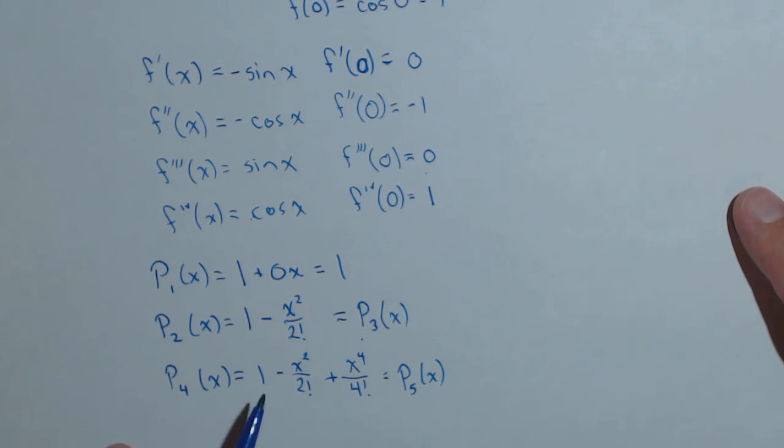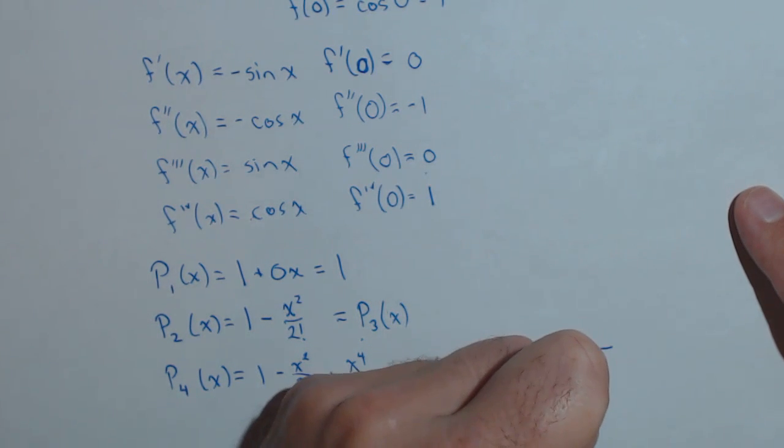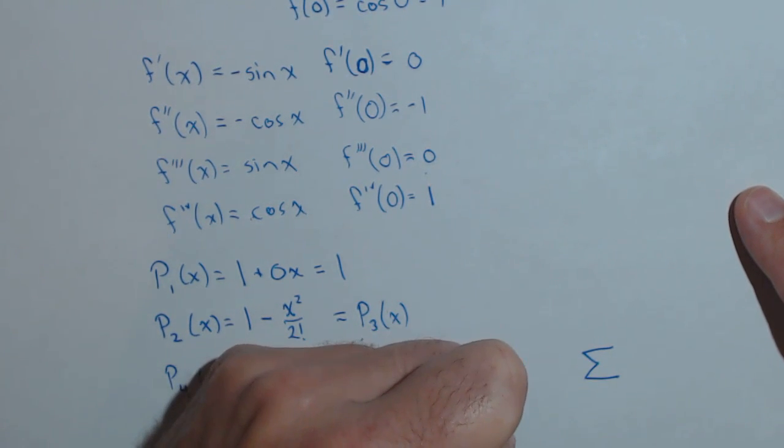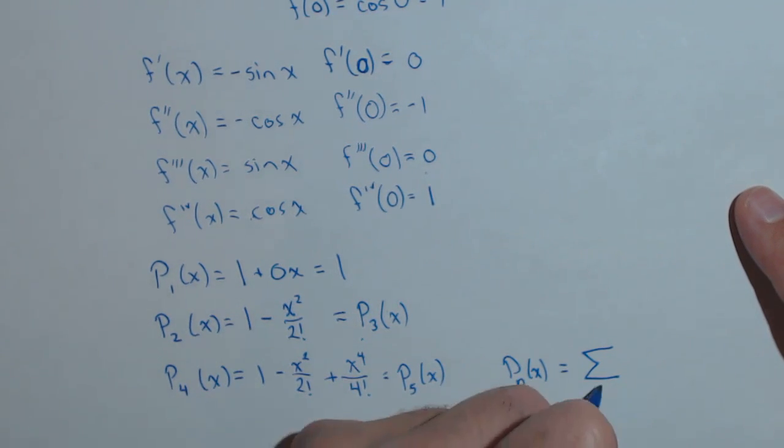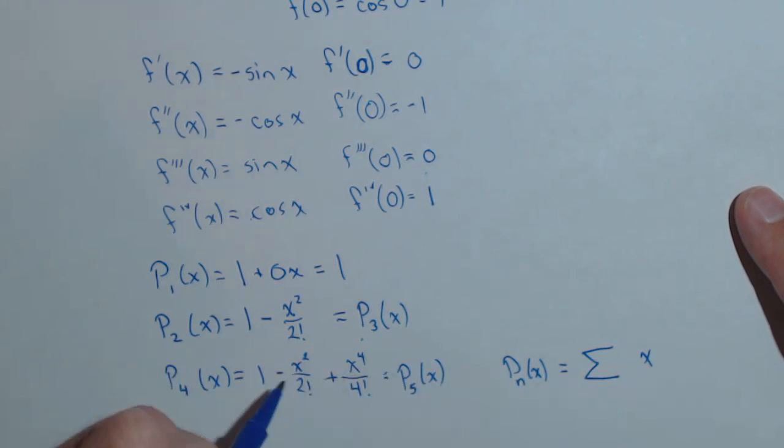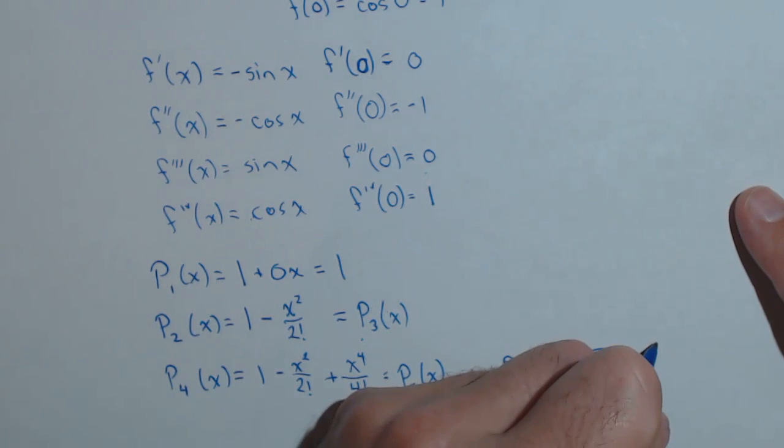Now let's say we want to generalize this. Notice we're only keeping the evens, and we'll say that we're coming up with a formula for the nth degree Taylor polynomial, and we'll figure out where to start it here in a second. Notice we only want to get even numbers, and whatever the exponent is, the same thing we're taking the factorial of.